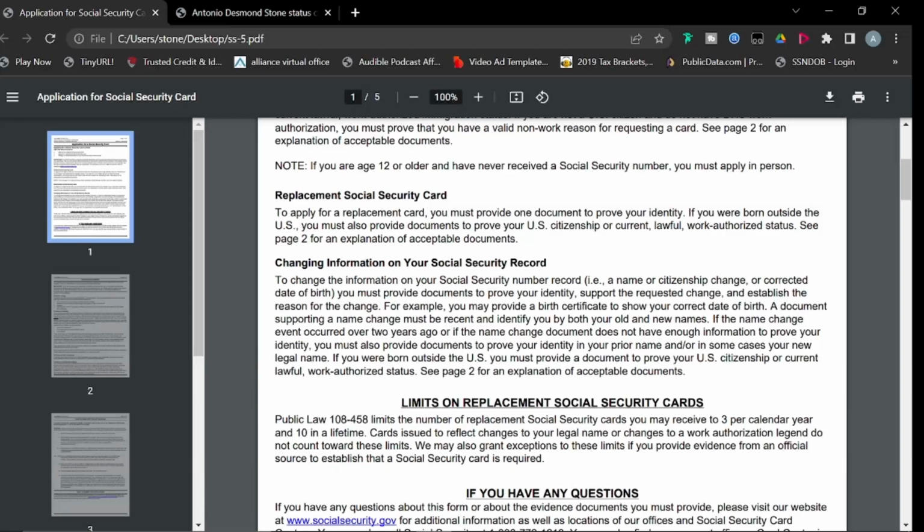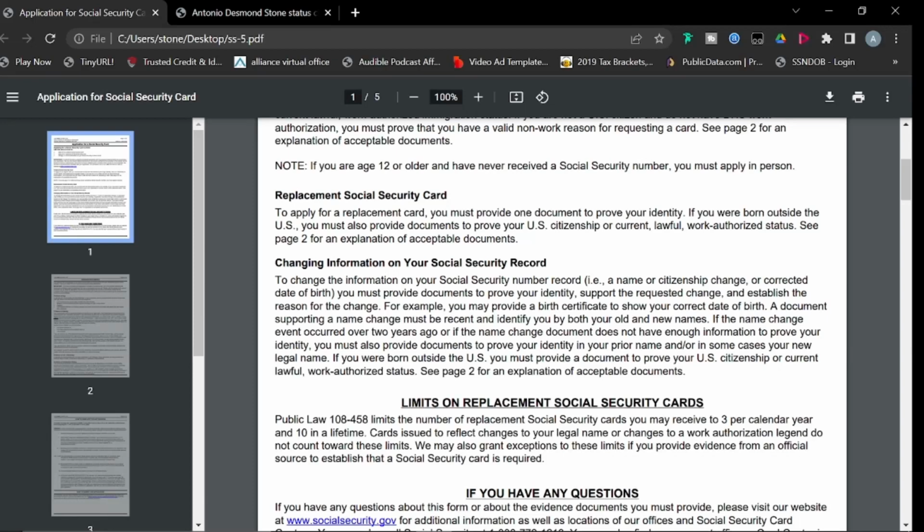So to prove your U.S. citizenship or current lawful and work authorized status, okay, see page 2 for an explanation of acceptable documents, and you can go read that if you want. But I'm really going to stay on topic and just point to these 2 things that I want to point out, and this is just one of them, within this paragraph. Notice right here it says, i.e., a name or citizenship change, right?